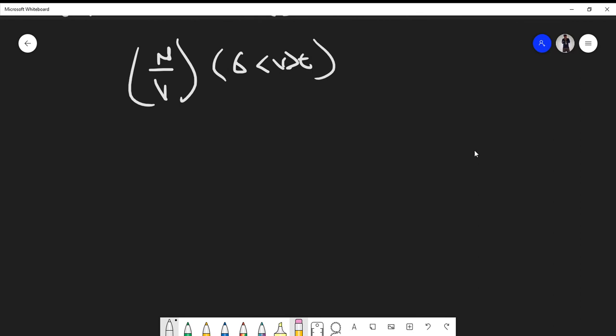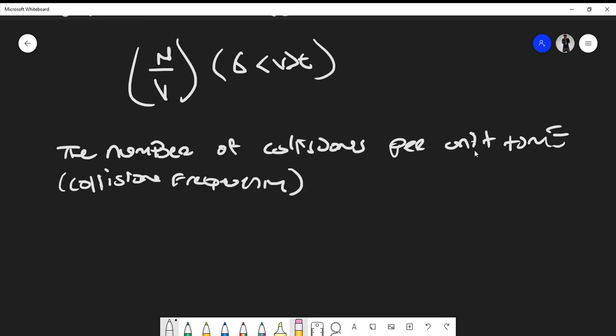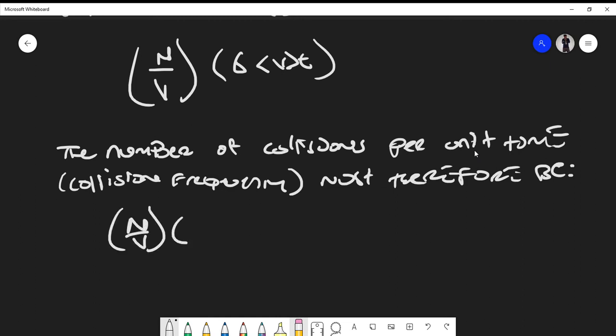Then the number of collisions per unit time, or in other words the collision frequency, must be the number density N over V times sigma multiplied by vt divided by time.